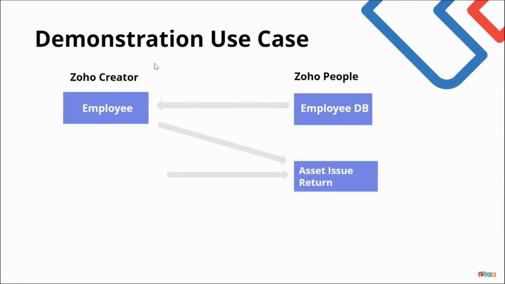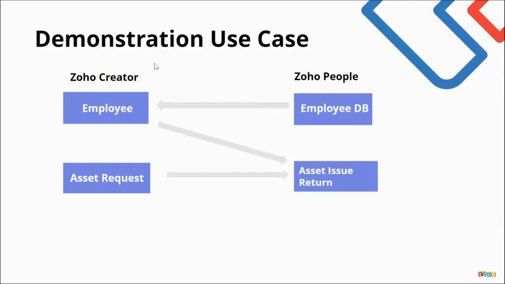Assume that we have a form called asset request built in Zoho Creator, and we also have a custom module called asset issue and return. In case the organization wants to issue an asset to an employee, the employee can raise the asset request through the asset request form created inside the Zoho Creator application. Once the request is created, it will be pushed from Zoho Creator to Zoho People.